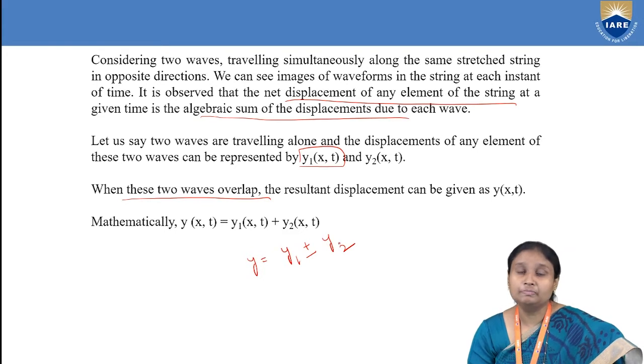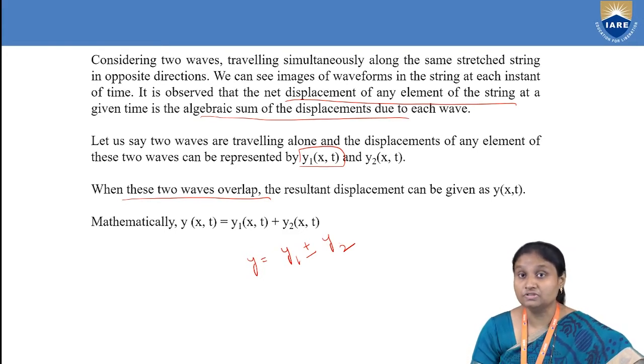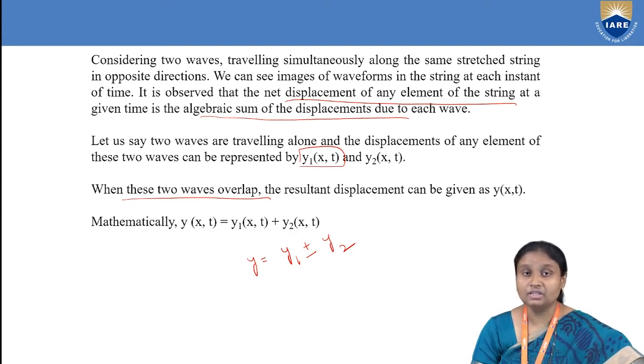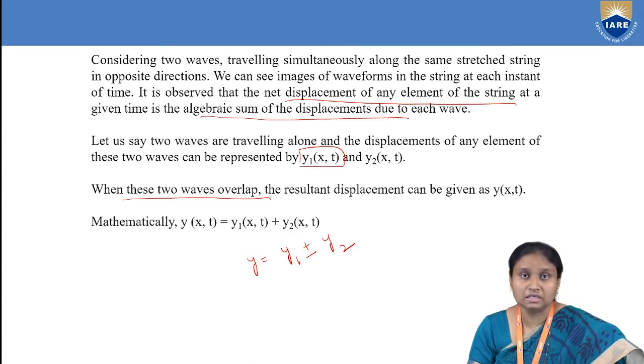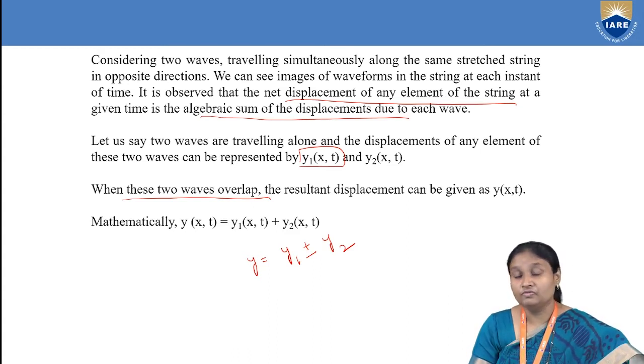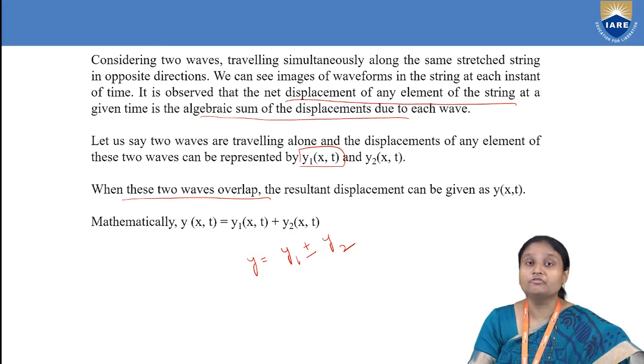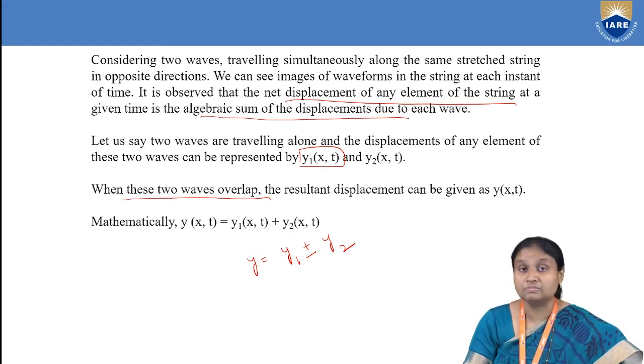We use plus when these two waves are maintaining phase, when they are in phase. Whereas we use a different sign when they are out of phase. Or we can say that if y1 and y2 are traveling in the same direction, and their positions are matching, if they are in phase with each other, then we make use of the plus sign. We add their displacements.